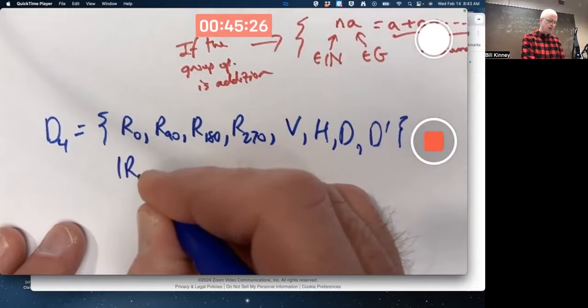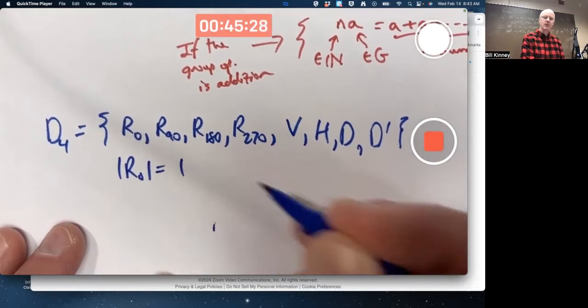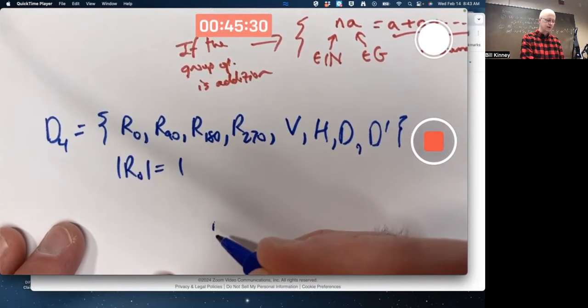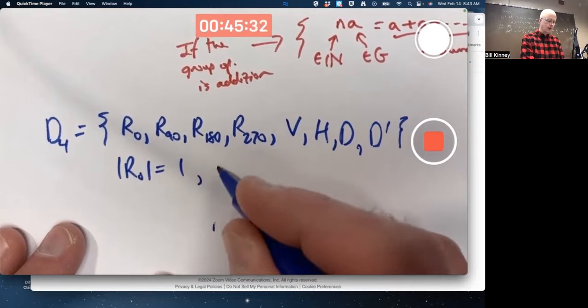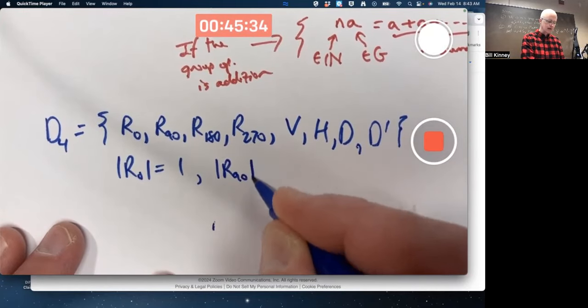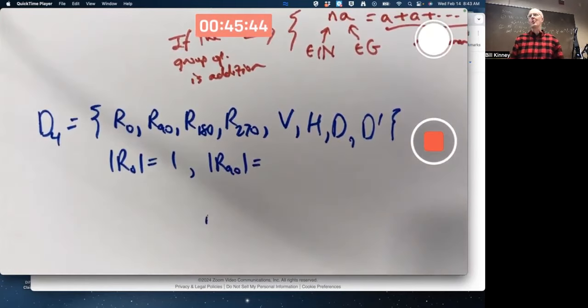The order of the identity, as always, is 1. R0 is the identity. What's the order of R90? Raising to powers means function composition here. The group operation is function composition. What's the smallest positive power, quote unquote, of R90 that's going to bring you back to the identity?